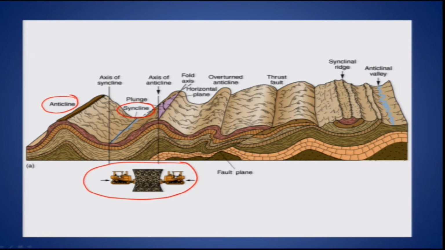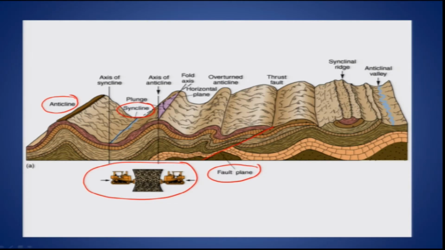Now, all rocks or materials of the earth have some elastic limit, and if the threshold limit is crossed, it will break, or what we call fracture, and that fracture results in displacement. The fracture plane along which the displacement is taking place is termed the fault plane. So, different types of fault planes or faults we will talk about.